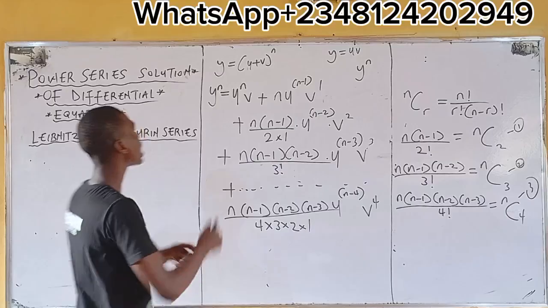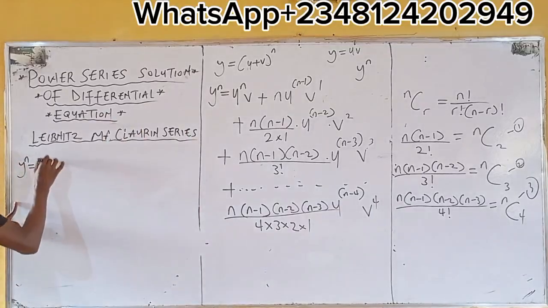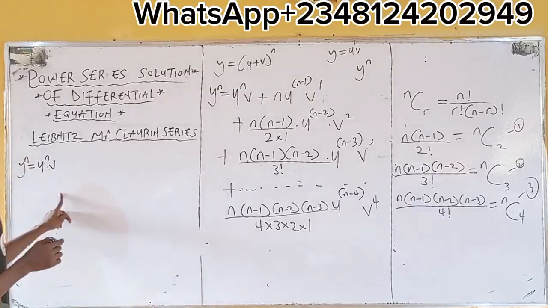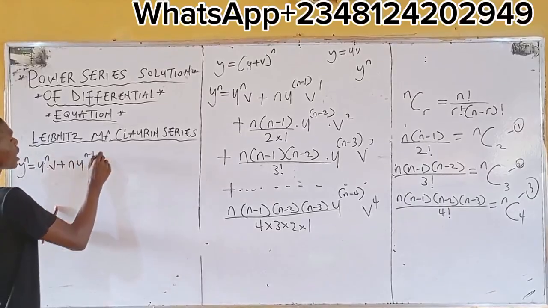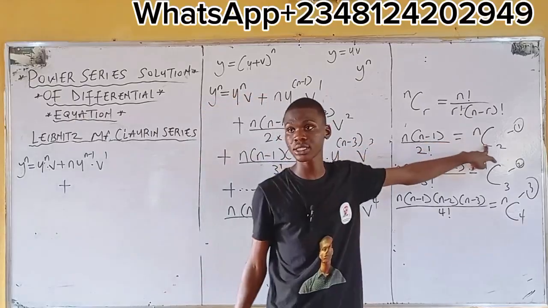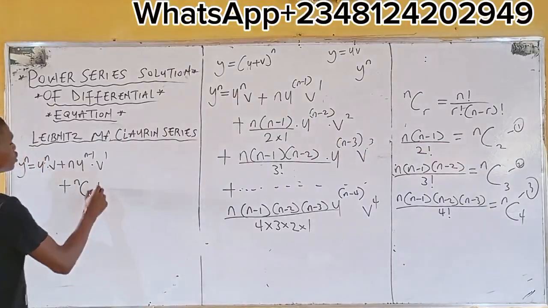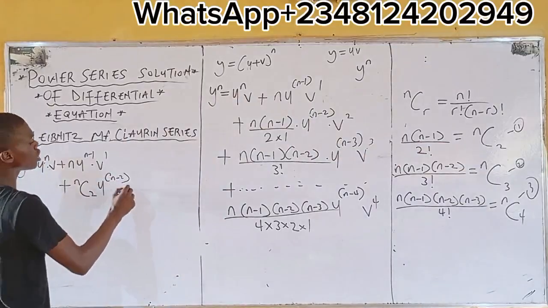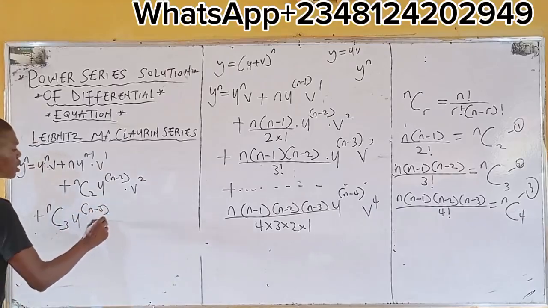I'm having the nth derivative of a product function, meaning y raised to the power of n is equal to u raised to the power of n multiplying v, plus n multiplying u raised to the power of n minus 1 multiplying v raised to the power of 1, plus, substituting this as this, n combination 2 u raised to the power of n minus 2 multiplying v squared, plus n combination 3 multiplying u raised to the power of n minus 3 multiplying v cubed.